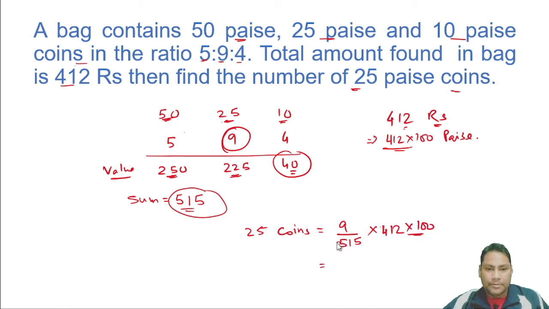Now we'll divide 515 by 5, that will become 103. This will become 412, and it will cut by 4. 9 times 4 is 36, 36 times 2 is 72, and with the zeros, that is 720 coins of 25 paise.